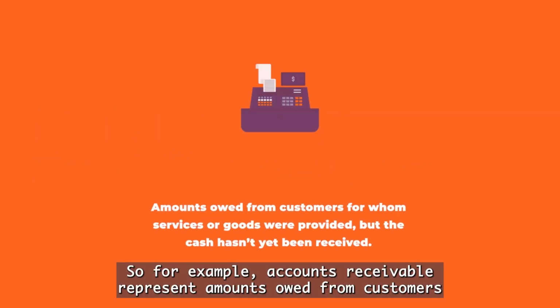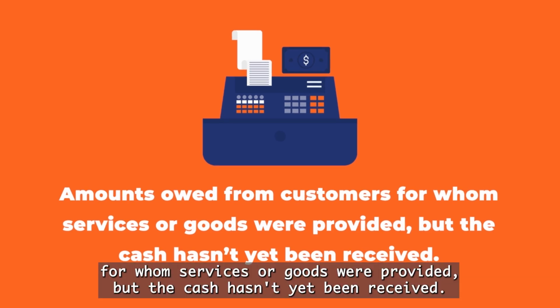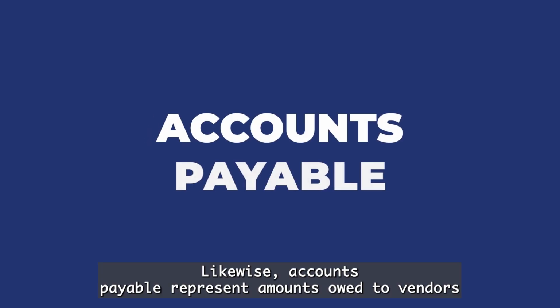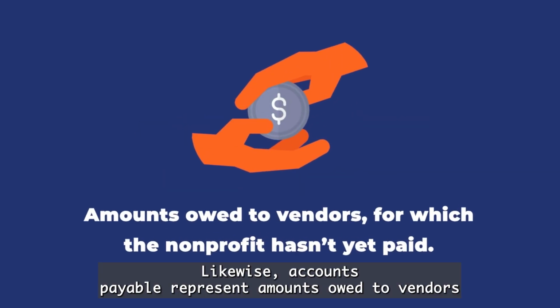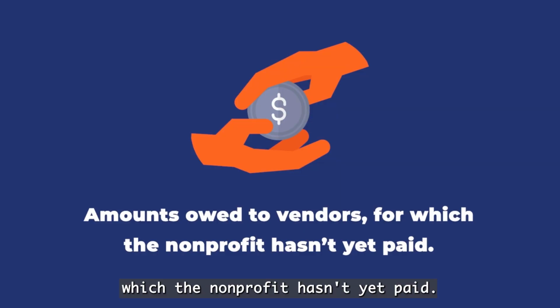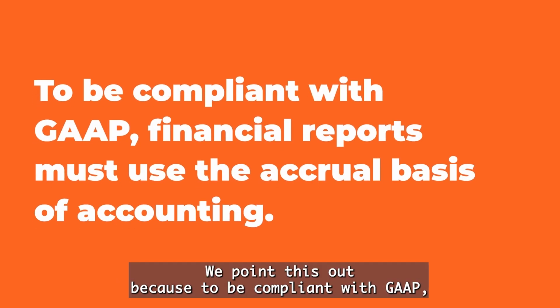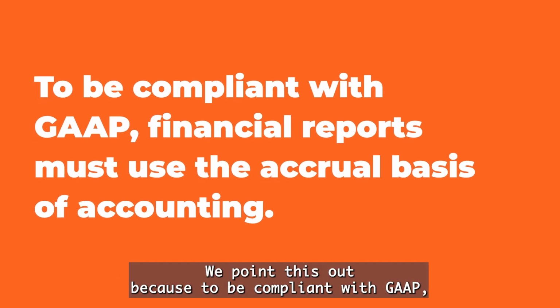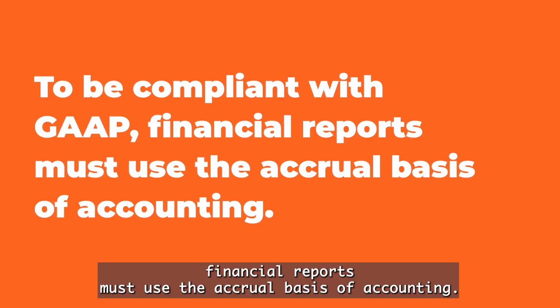So, for example, accounts receivable represent amounts owed from customers for whom services or goods were provided, but the cash hasn't yet been received. Likewise, accounts payable represent amounts owed to vendors for which the nonprofit hasn't yet paid. We point this out because to be compliant with GAAP, financial reports must use the accrual basis of accounting.